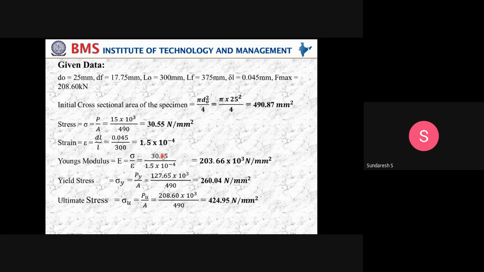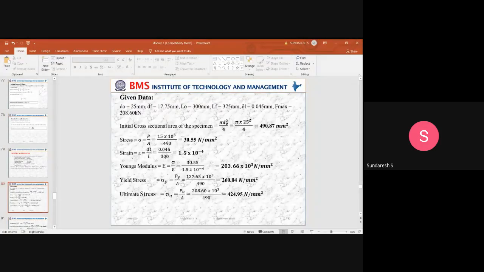Anybody has done this problem? Please tell me how much you are getting. Somesh? Sir, actually the area I have got is 490.625, and here the area is 490.87. Okay, okay. I have substituted 3.14.